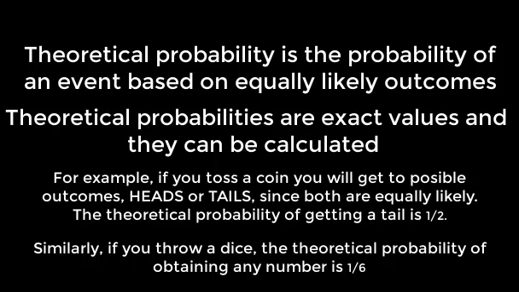So the likelihood of the head coming out is certain, and also the likelihood of the tail coming out is also certain. So the probability of getting a tail is 1 over 2, similar to head. Similarly, if you throw a die, the theoretical probability of obtaining any number is 1 over 6.